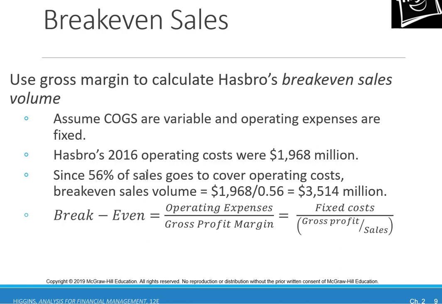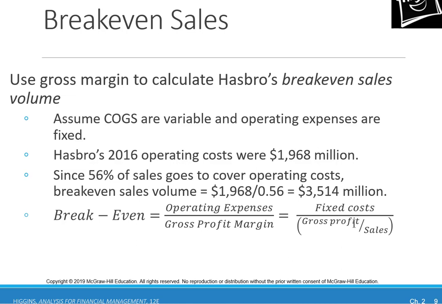Since 56% of sales go to covering the operating costs, the production costs, we would say here that $3.5 billion is what the break-even in sales volume would be.